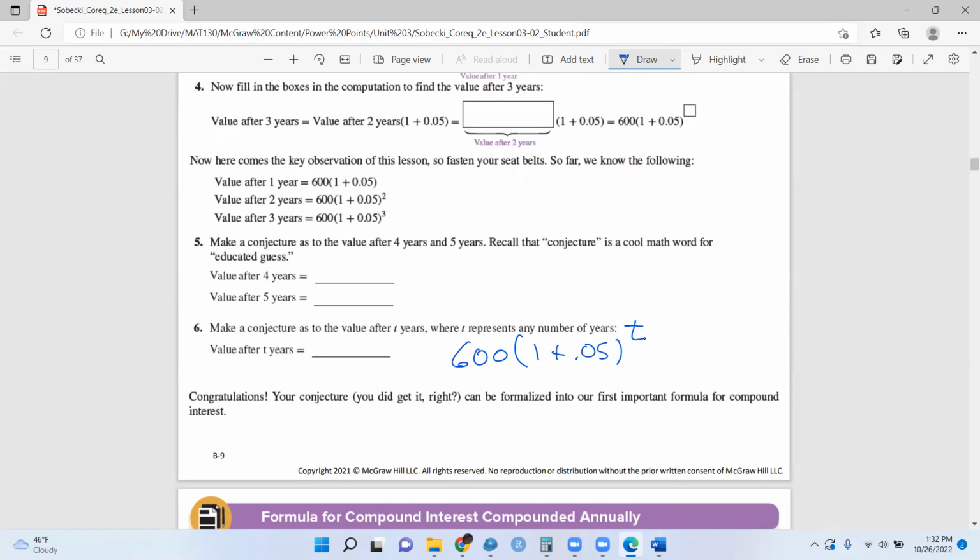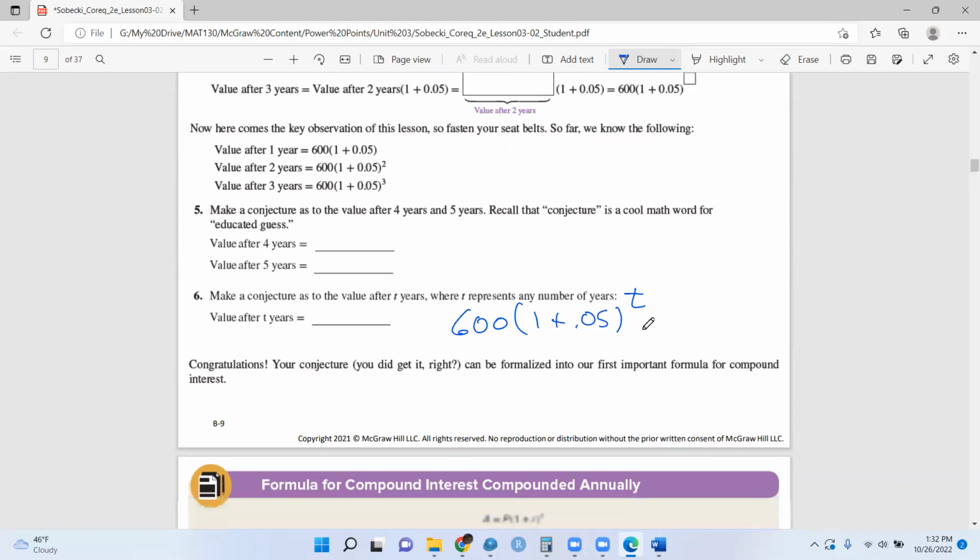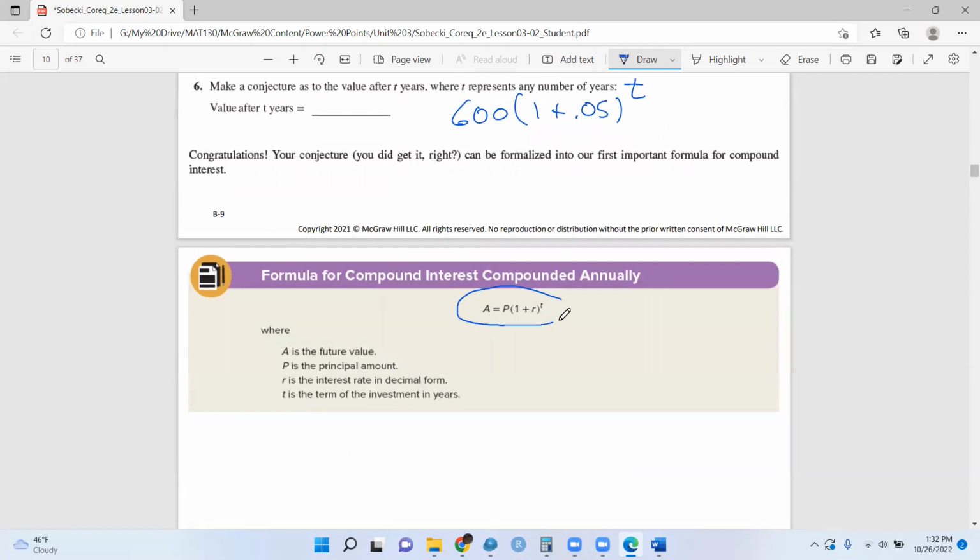And then we can put any value in there we want, and we can figure out how much interest has been earned over that time frame. In other words, here's the compound interest formula for something that's compounded annually, once per year. We take the principal, and we multiply it times 1 plus r raised to the T power. A nice handy little formula.